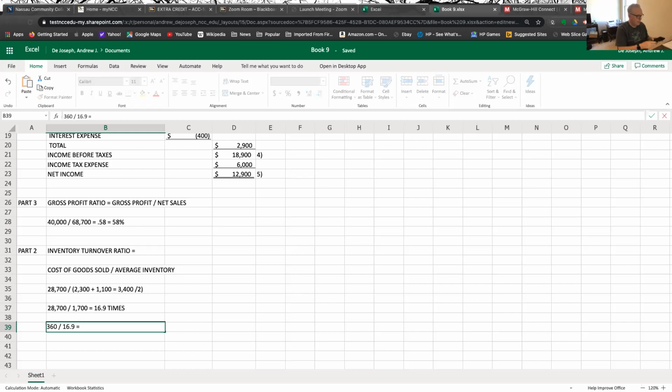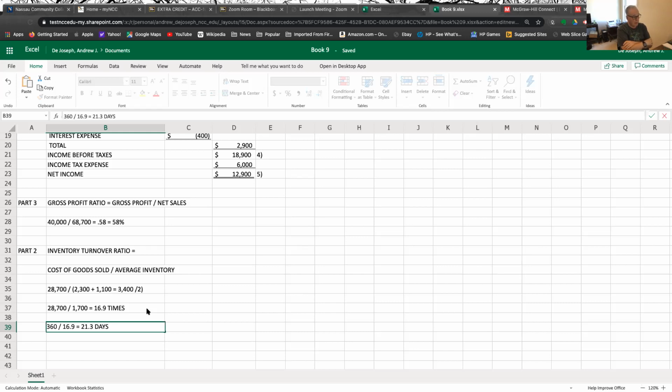What does that come out to? 360 divided by 16.9 comes out to be 21.3 days, right? So what does that mean? It means it takes this Baskin-Robbins store roughly 21 days to sell out their entire inventory.